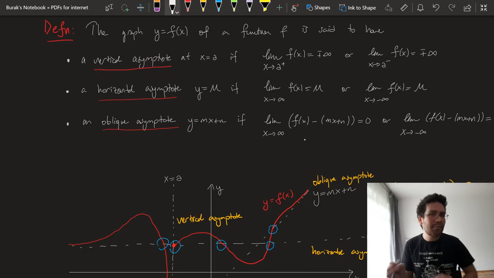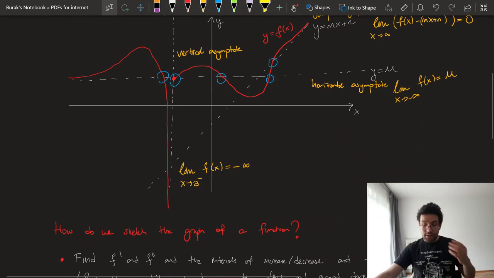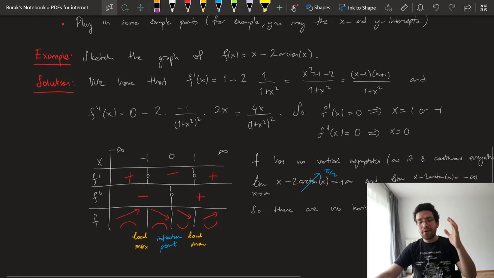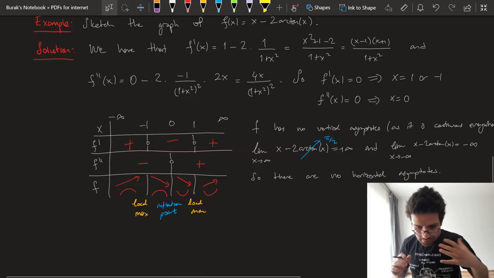But this can be anything. How can you check all possible linear functions at the same time? Well, you can't. What you should do is try to understand the behavior of your function in the long run, and if there are any oblique asymptotes, they will automatically come out.